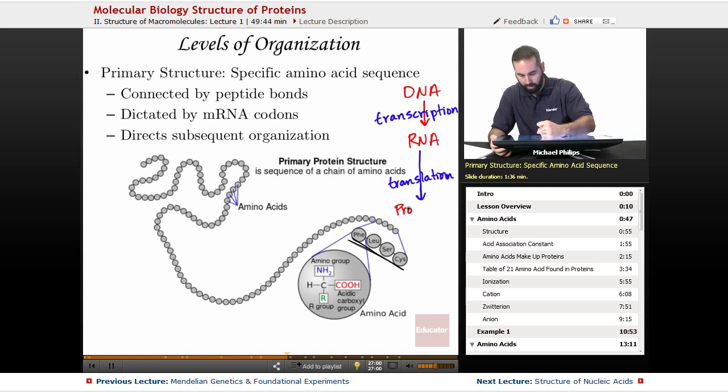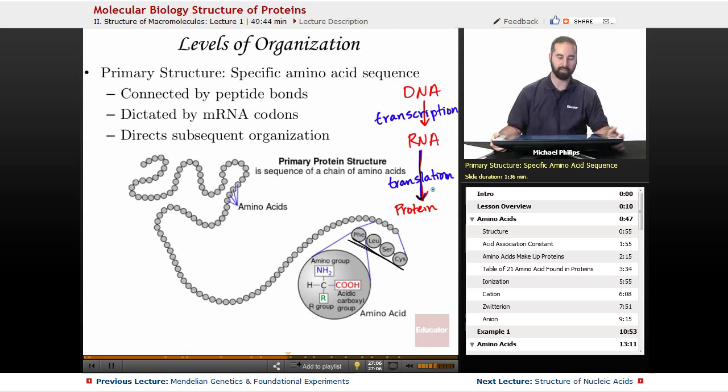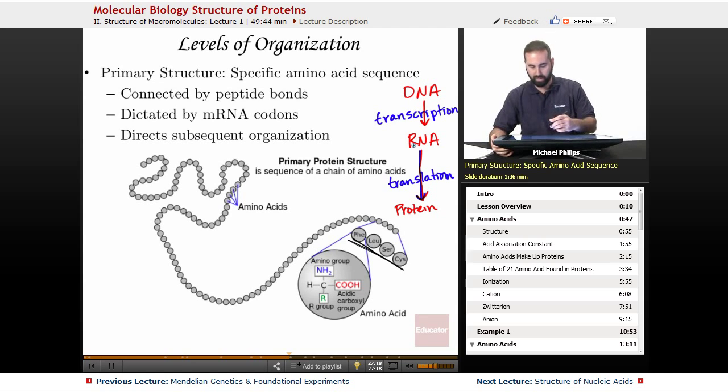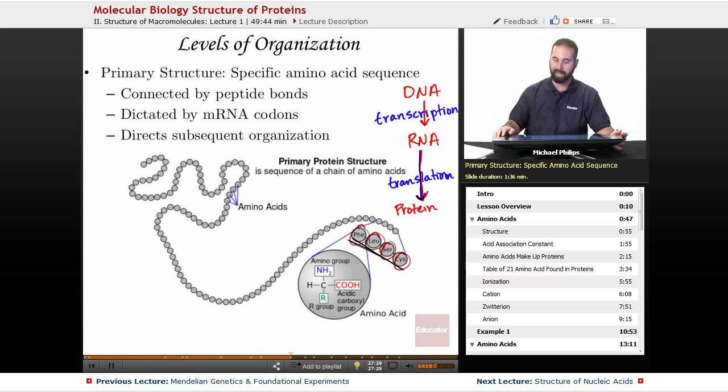And RNA can be made into protein via translation. So RNA gets turned into protein, and therefore the protein is dictated by the mRNA codons. And this is going to direct the subsequent organization. So the RNA is going to code a single codon for our cysteine amino acid, and then a serine, and then a leucine, and then a phenylalanine. So this is how it's dictating.